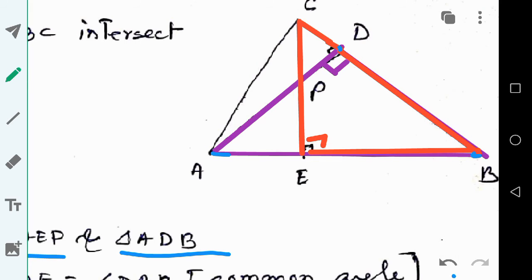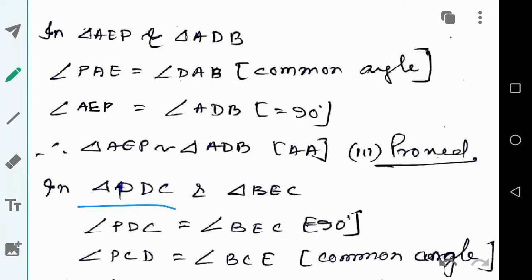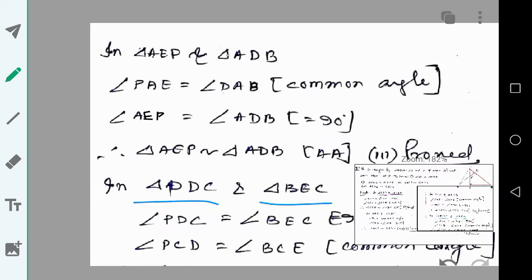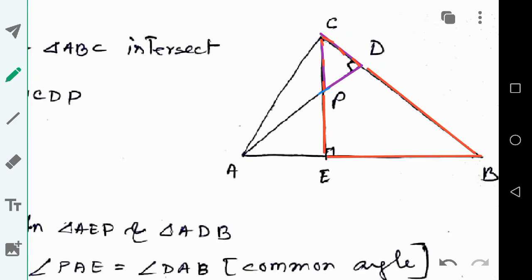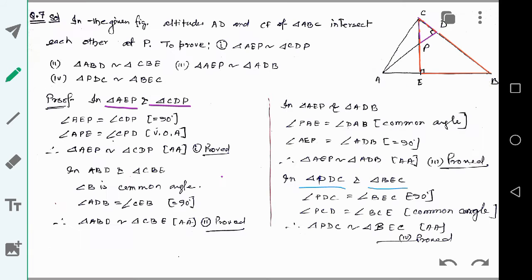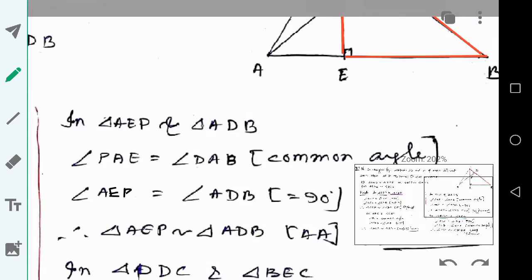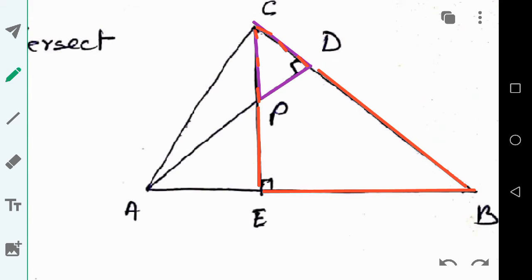Now, in these two triangles PDC and BEC, if you observe the diagram, this is PDC and this is BEC.